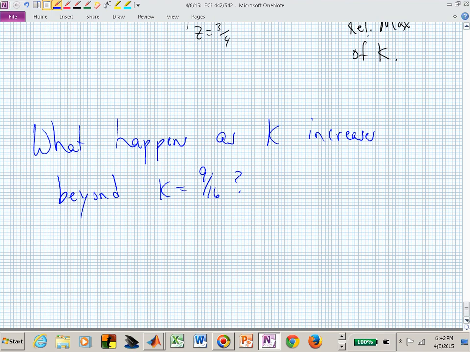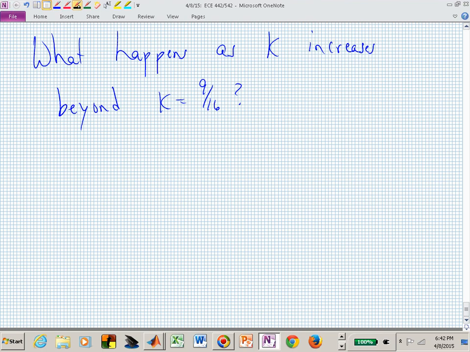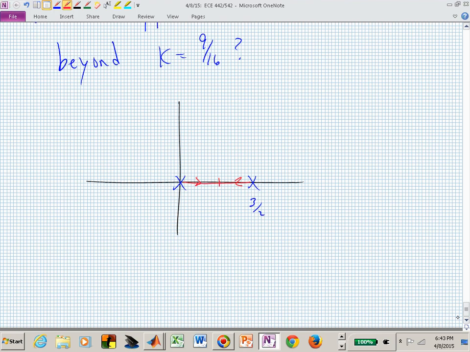What do we know is true about the root locus? We had a pole here and a pole at 3/2. We know that they are approaching each other and they meet halfway. But if I said, oh, is this point on the root locus, what would you tell me?